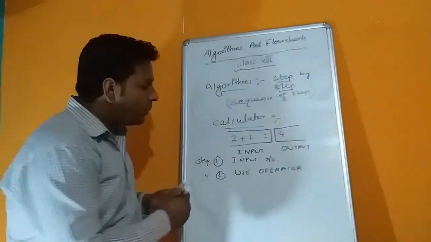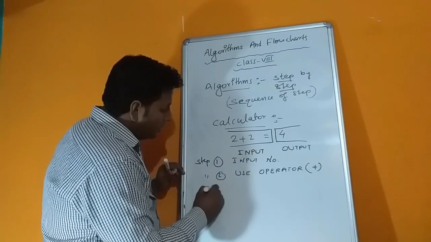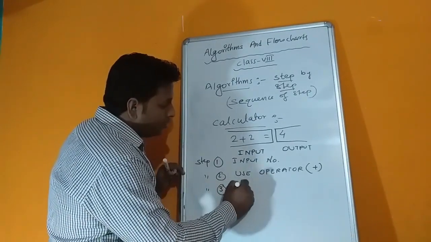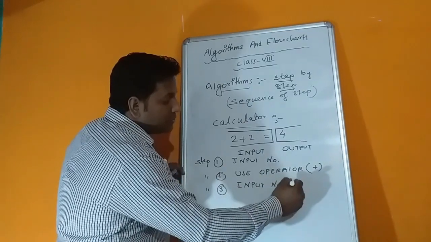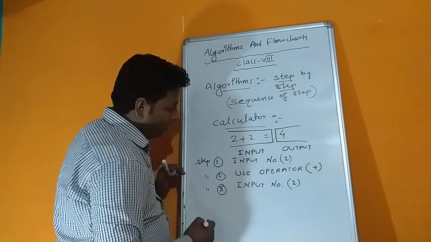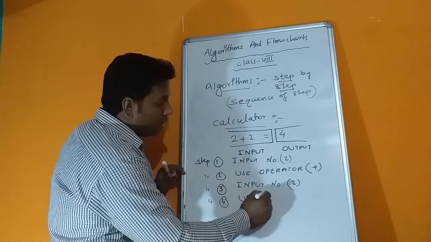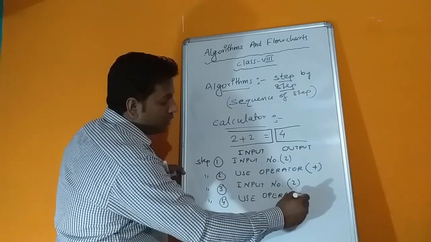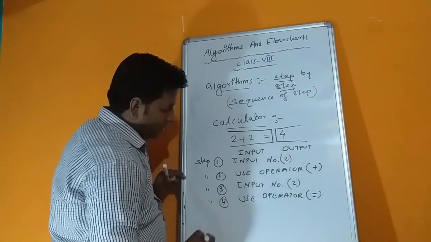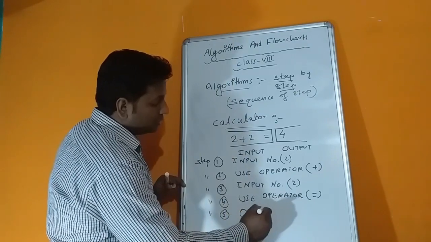So we use the addition operator, that is plus. Step 3: input another number again, say 2, here also I am taking 2. Step 4: use an operator again, that is equal to. Then only you get the output.